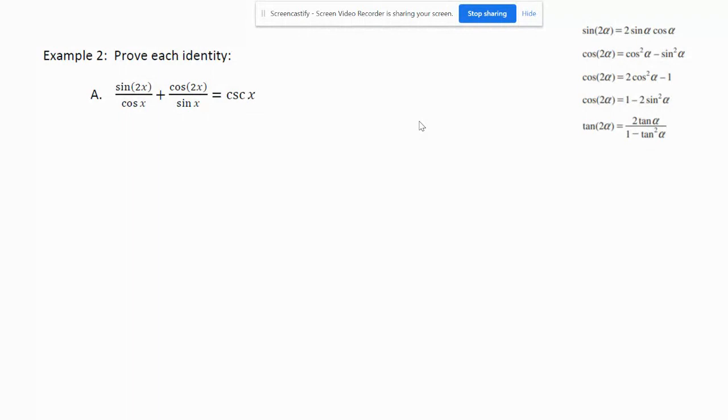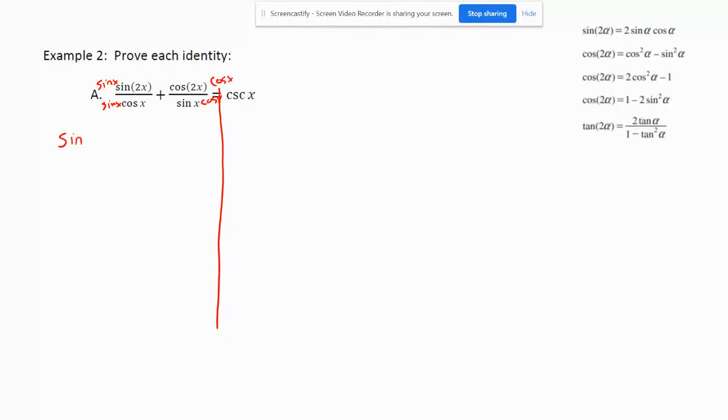Where I'm going to start for this question is to add both the fractions together. To do that we need a common denominator. For the first fraction we have a cos x in the bottom, but we need a sine x in the bottom, so I'm going to multiply it by sine x over sine x. For the second fraction we want a cos x in the bottom, so I'm going to multiply the top and the bottom by cosine x.